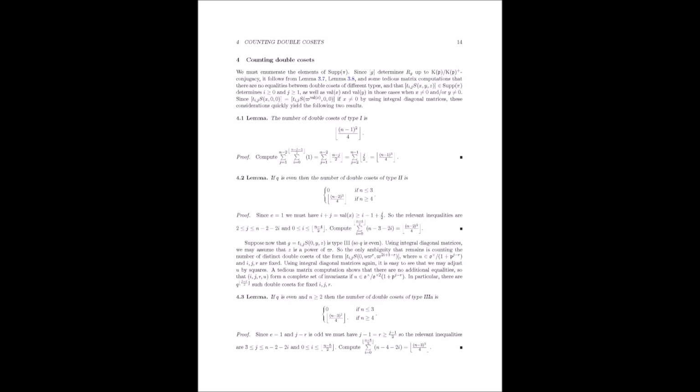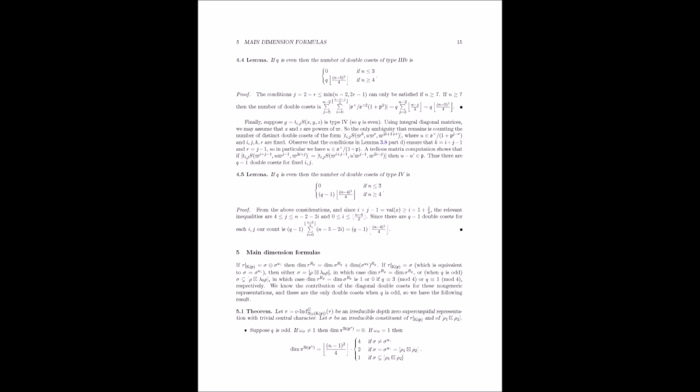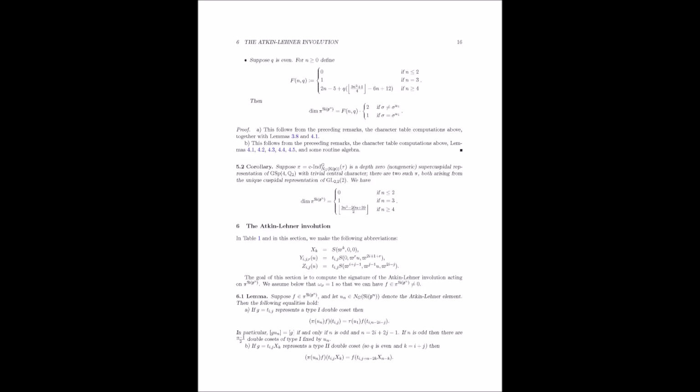Yes, it does. Then there's type 3, which has 2 subtypes, 3 and 3'. Both type 3 and type 3' involve more complex expressions than types 1 and 2. Type 3 double cosets are represented by elements of the form y_{i,j,r,u} t_ij s_{2i+1+r}. Okay. And here u is a unit in the ring of integers.